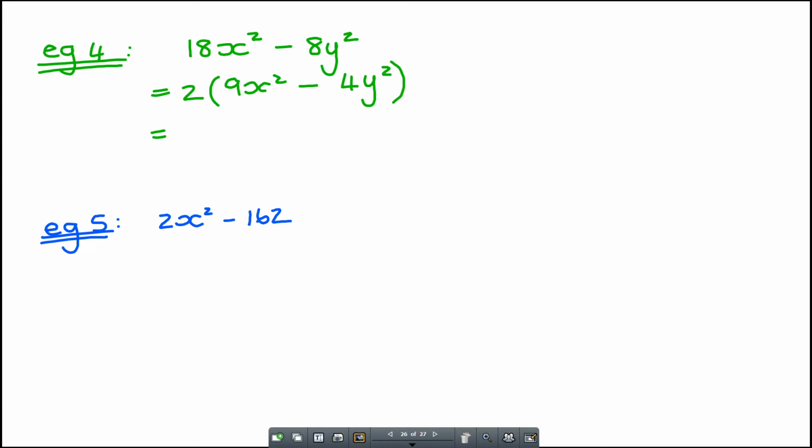I can't just throw it away. So the 2 stays, and then I have my next two brackets. So square root of 9x squared will be 3x. And square root of 4y squared will be 2y.